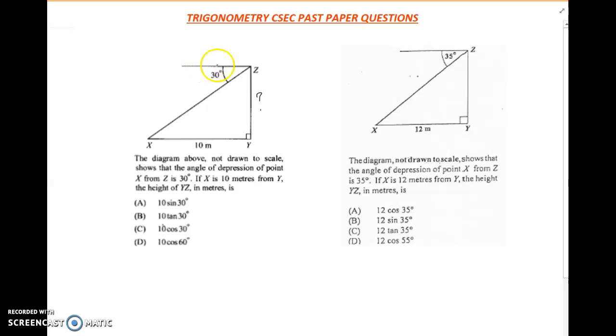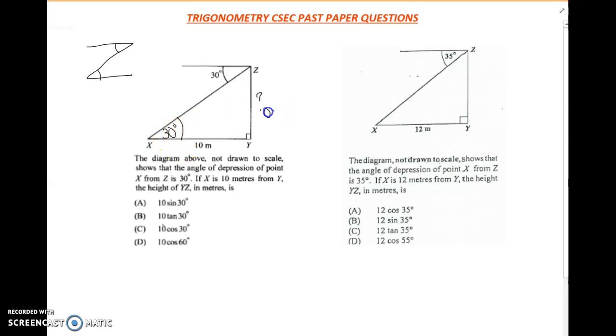Follow me now. You see the Z there? The Z forms like this. Alternate angles are equal. So the angle in this corner here, the 30 degrees, is equal to the angle in this corner here. This is also 30 degrees. So now we could get going.